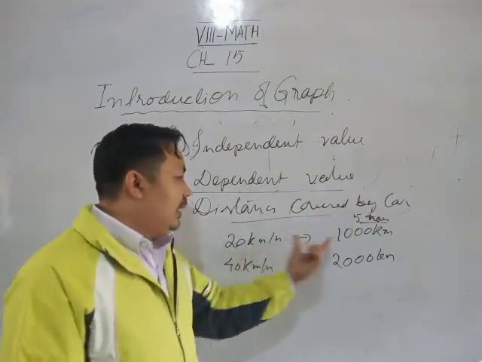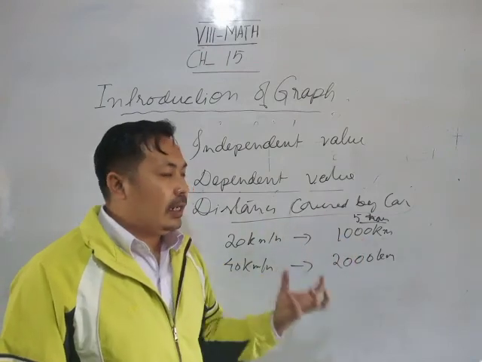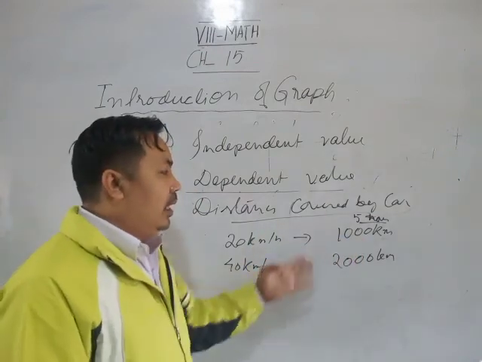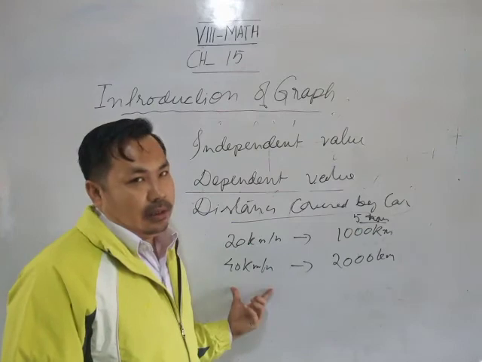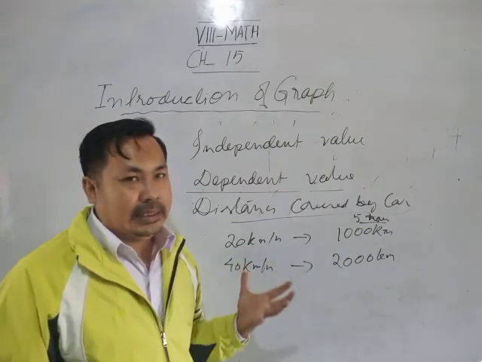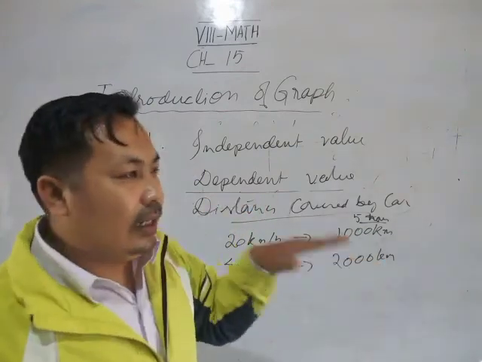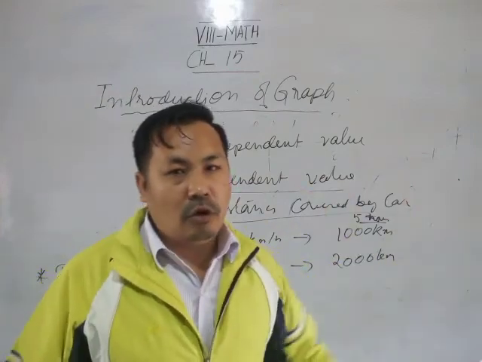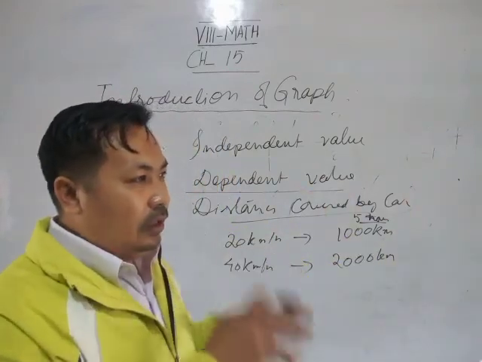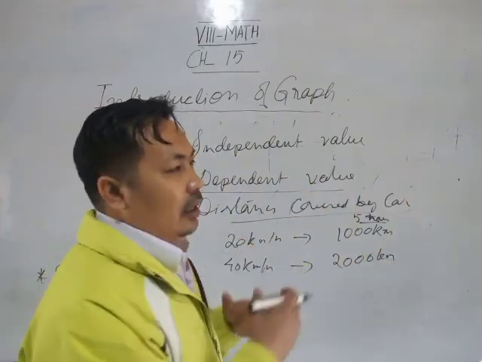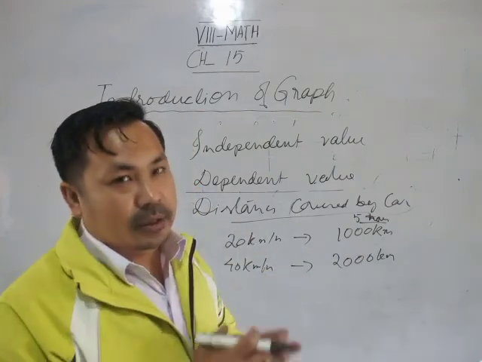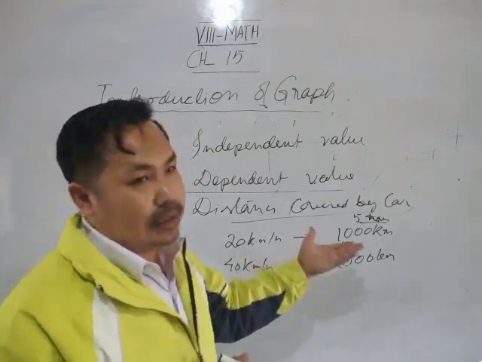So whatever the distance covered in the given time will depend on the speed of the car. If the car goes faster, then in a particular time more distance will be covered. If the car speed is reduced, then the distance will be less in the given time, isn't it? Yes or no? Given time is 5 hours.